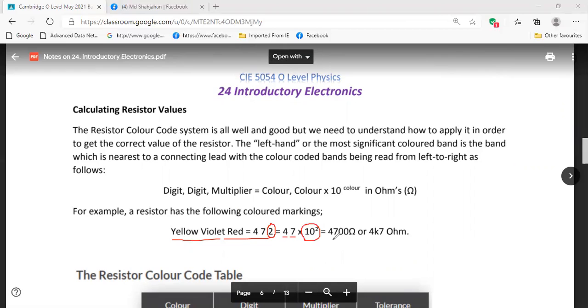Is it clear? This way you have to calculate only. Is it clear?